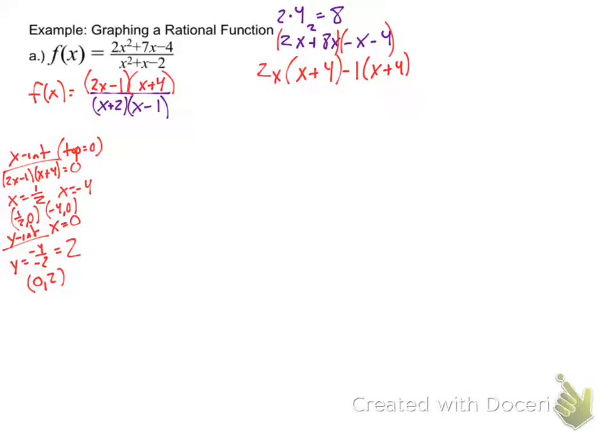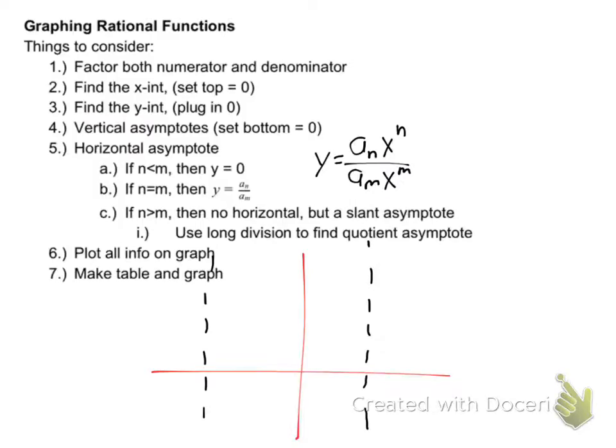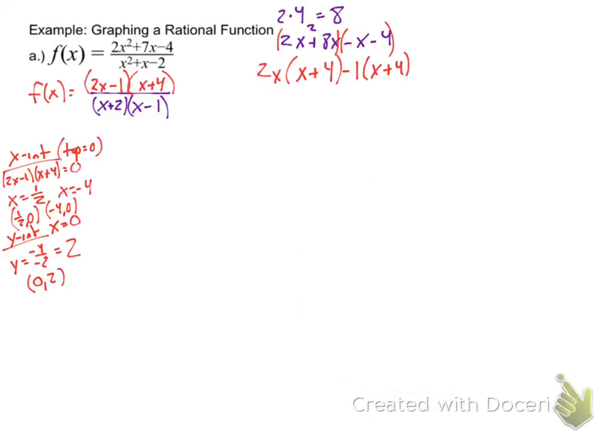What's another one? We have x-intercept, y-intercept, vertical asymptotes. So we have vertical asymptotes. That is the bottom equals 0. And the bottom is already factored, so that's nice.